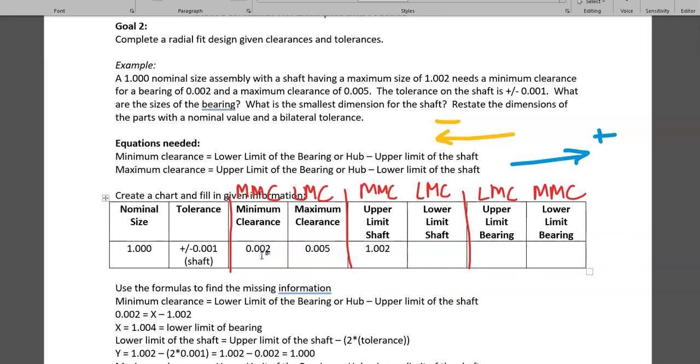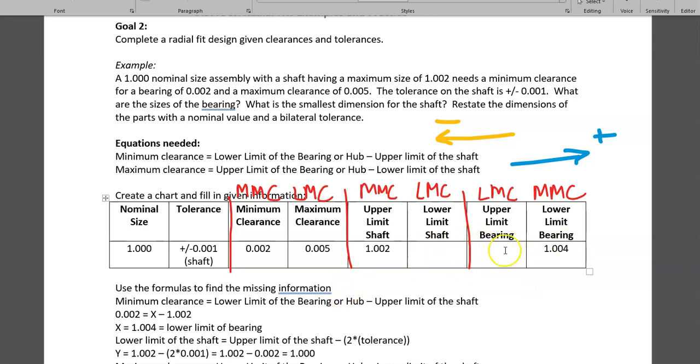So for reversing that, I can say that this number plus that number will give me my lower limit bearing. Okay. Now in this case, I know I have a clearance fit because both of these numbers are positive. So I'm going to go ahead and fill in that number. I have 0.002 plus 1.002, that's going to give me 1.004. Okay, that fills in there.